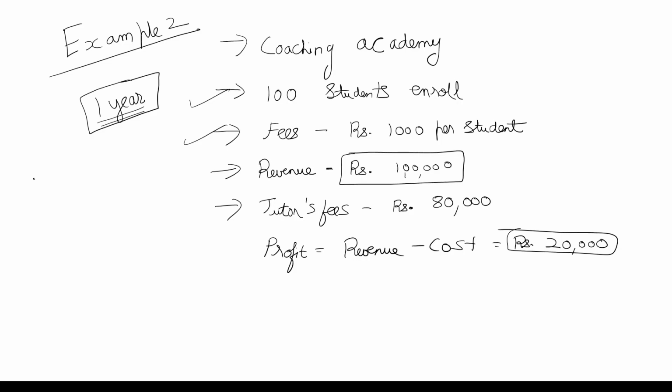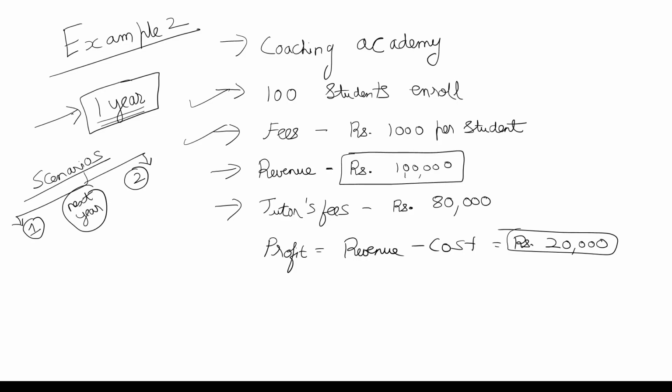Now I'm going to take two scenarios, scenario 1 and scenario 2. We are talking about the next year of operations. This was 1 year of operations, and for the next year we are taking two scenarios.